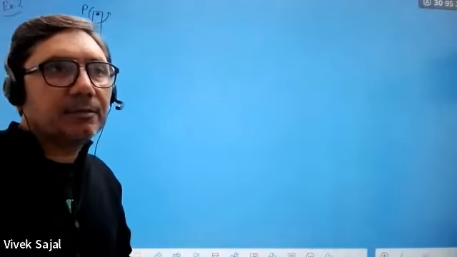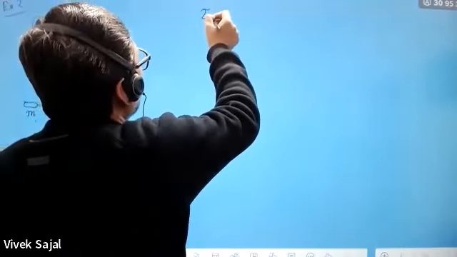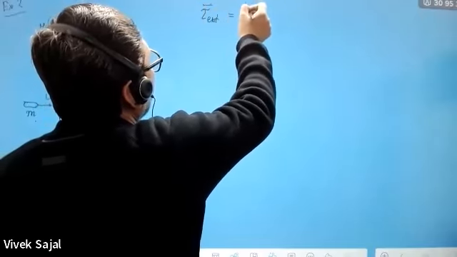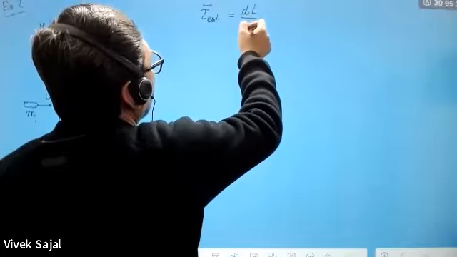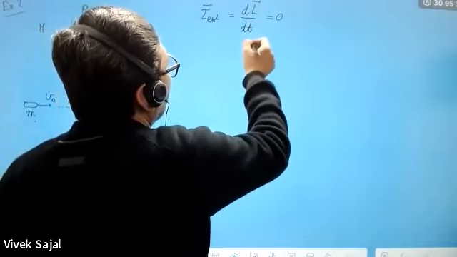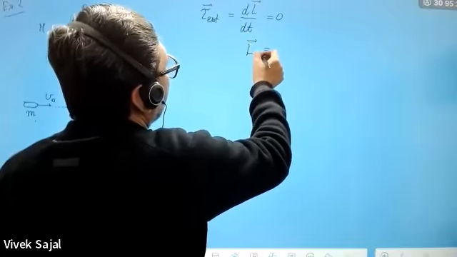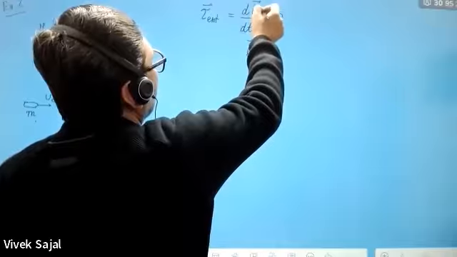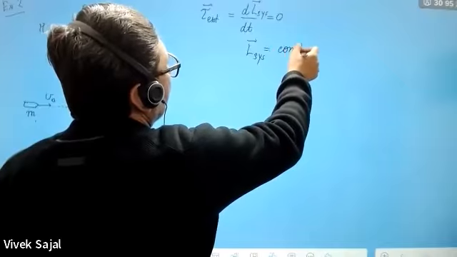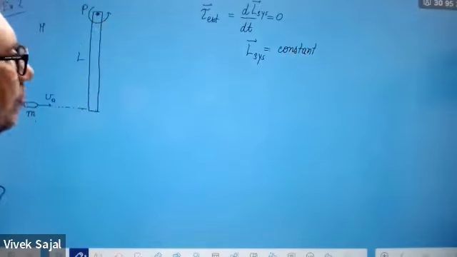In the last class, I told you if external torque is there, it will be dL by dt. And if there is no external torque, the angular momentum of the system will remain constant.